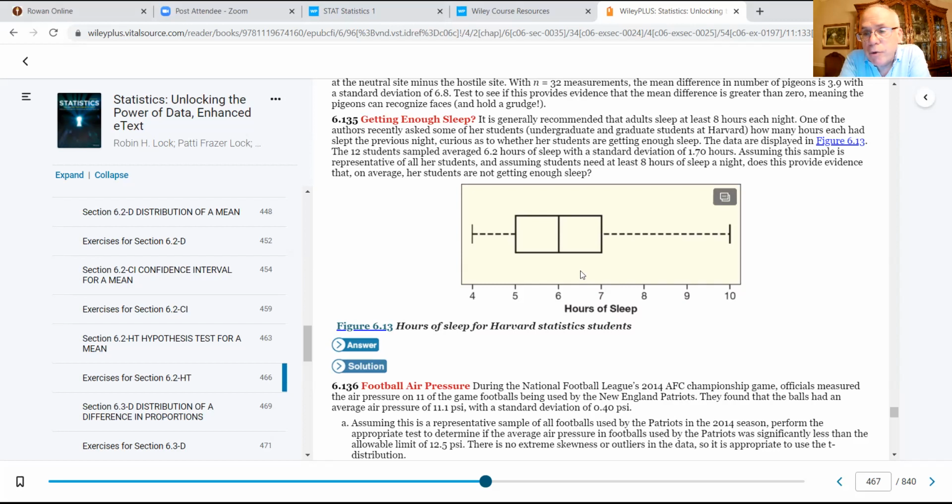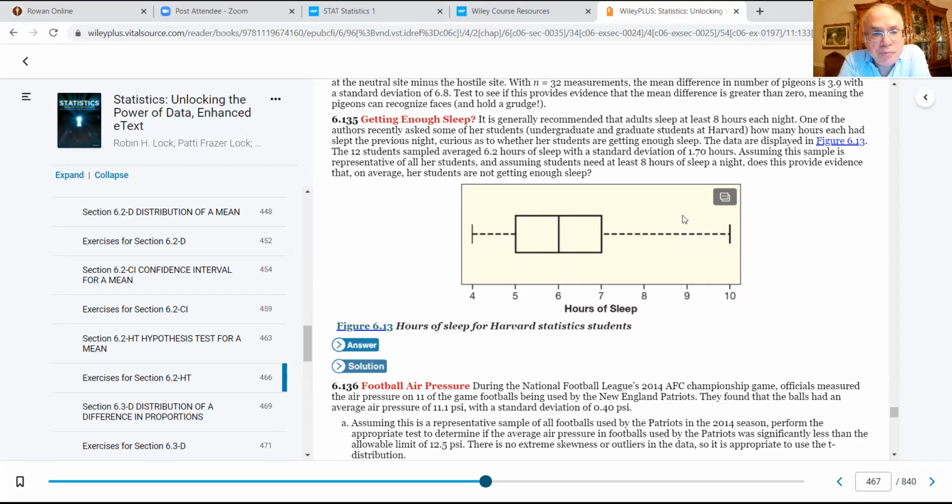They're using, of course, a box plot. And you could see that this is right skewed, right? You can see because the lower 50% goes from 4 hours to 6 hours, and the upper 50% of the data goes from 6 to 10 hours. So this is a right skewed distribution. All right.